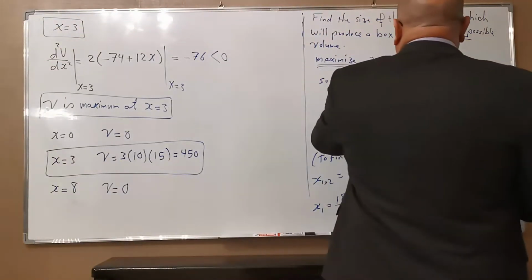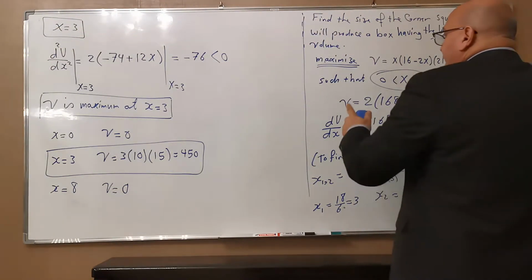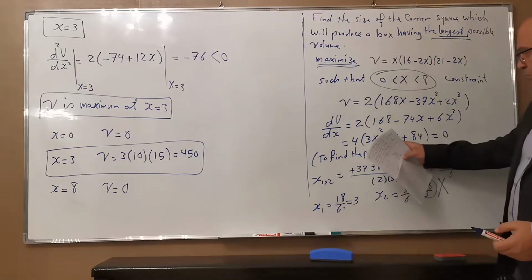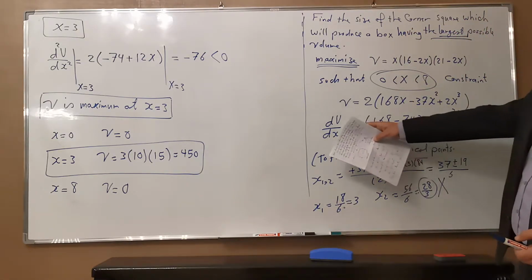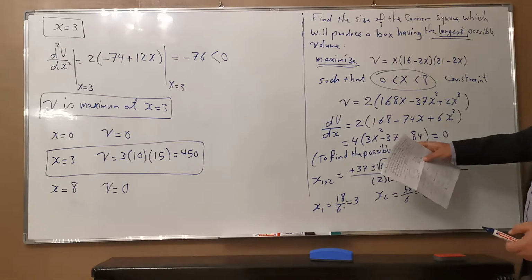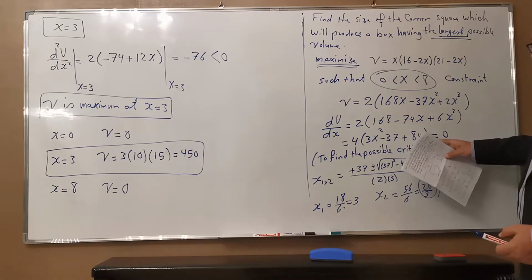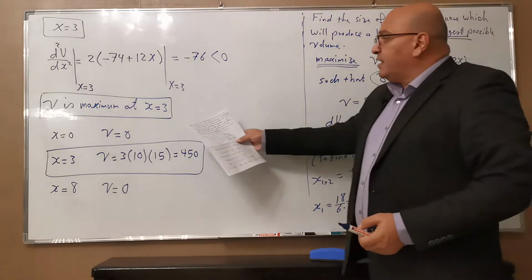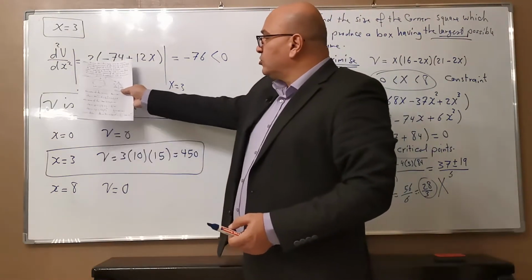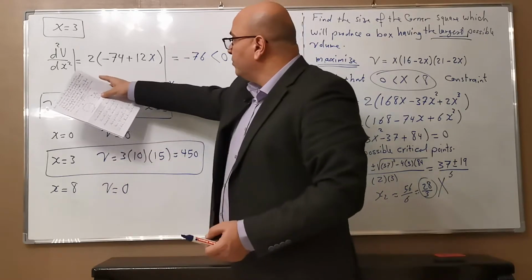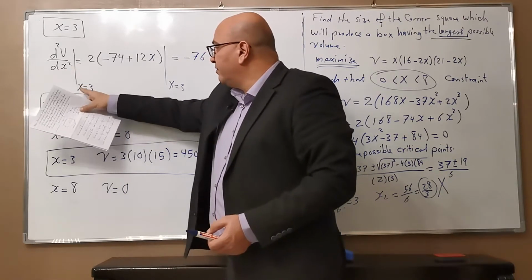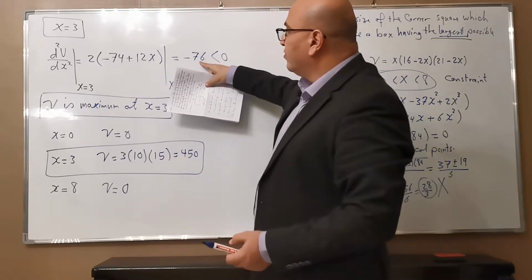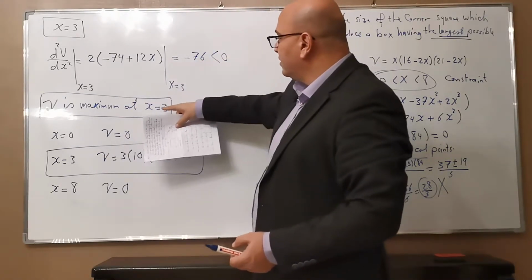Now we are looking for the maximum. When you differentiate and find the first derivative, you find the critical points by equating the first derivative to 0. Find the second derivative and make sure that the value of the second derivative at the critical point is negative. If you have a negative value, then this is a maximum.